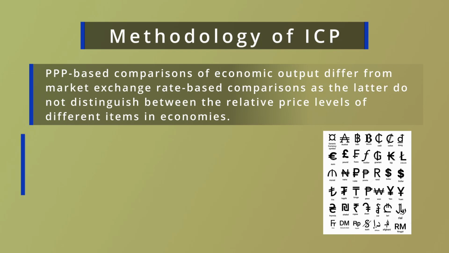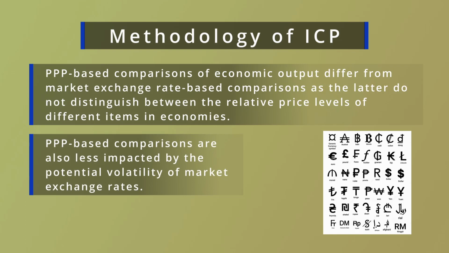On the basis of the purchasing power of different currencies, ICP developed these PPPs to measure the GDP and its components across different countries. Their first task is to calculate the price level index on the basis of this purchasing power parity mechanism.